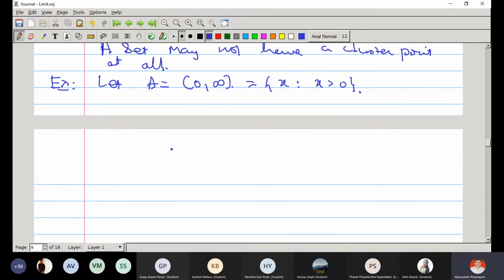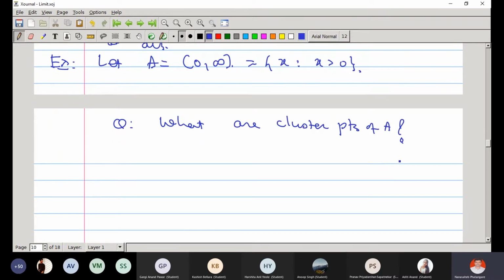So what are the cluster points of A? Yes. So closed interval 0, then infinity open interval. Right. Very good.